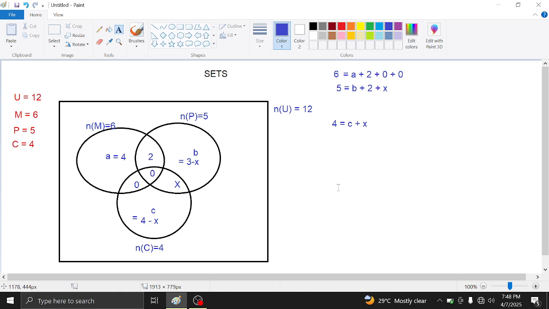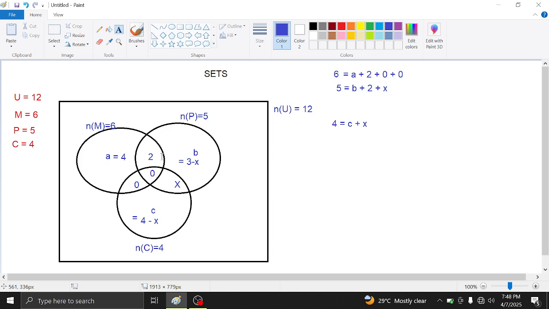We find the number of A only. We find the number of M only, which is mathematics only, physics only, which is this one, chemistry only. The intersection of maths and chemistry was 0. All the intersection is 0. And the intersection for maths and physics is 2, and that of this one is X, and we find everything.